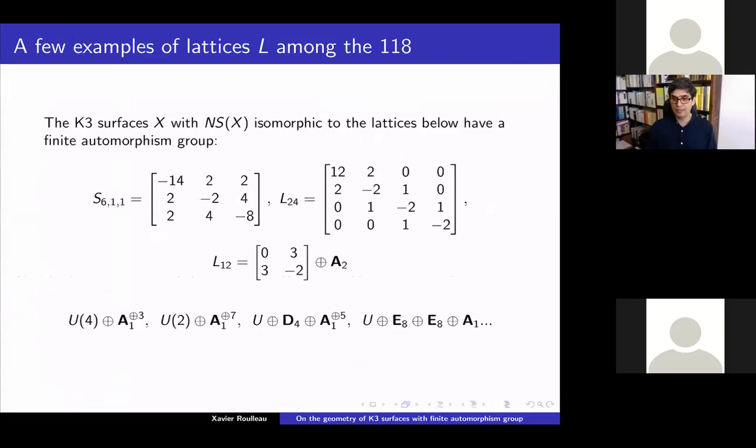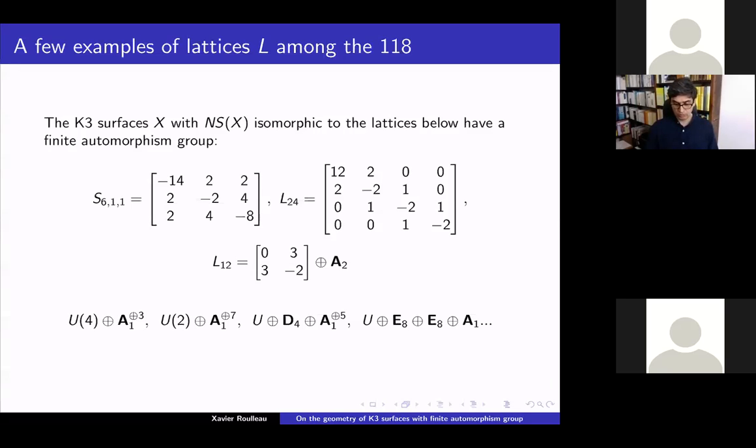So a few examples of the lattices among the 118. These are the lattices of Néron-Severi groups of K3 surfaces with finite automorphism group. Here are a few examples. The first has rank 3, and the others have ranks 4, 4, 5, 9, 11, and 19.